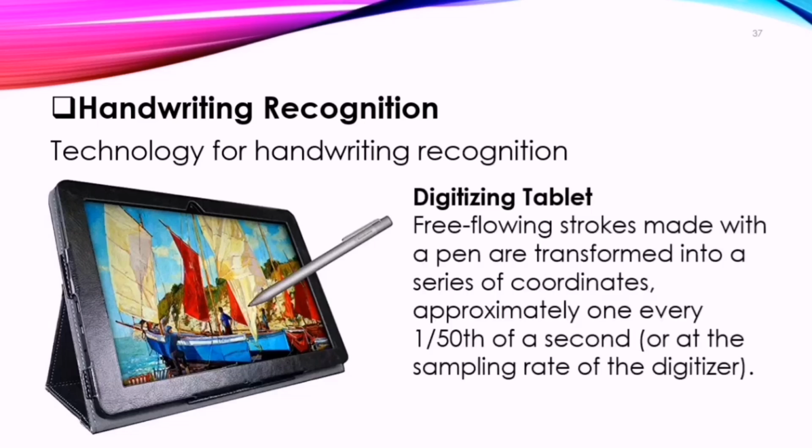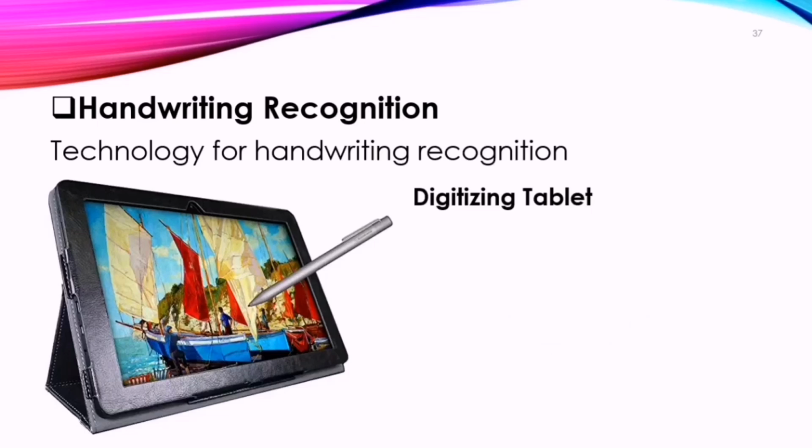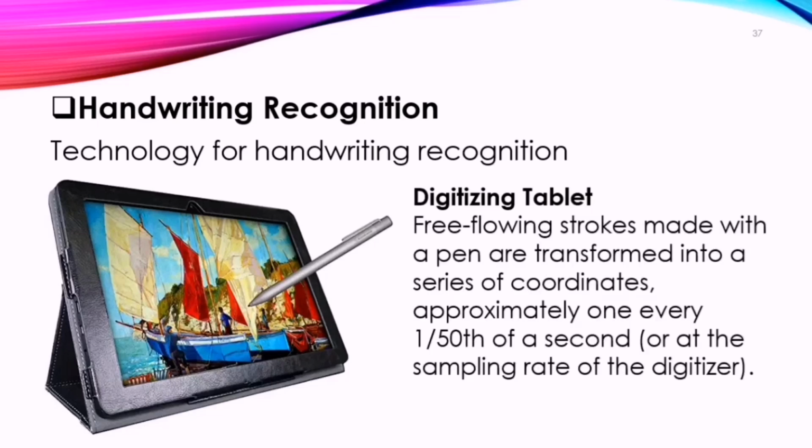Digitizing tablets have free-flowing strokes made with a pen, which transform it into a series of coordinates approximately one every 1/5 of a second, or at the sampling rate of the digitizer.